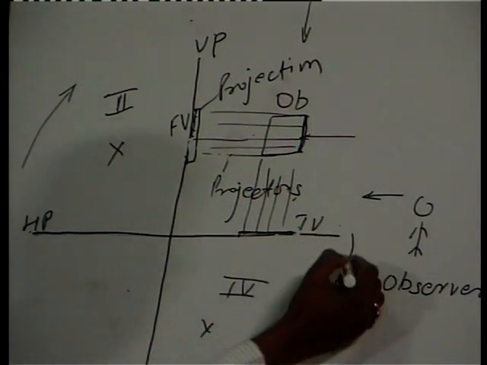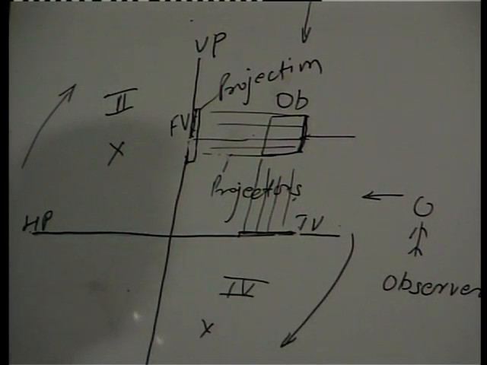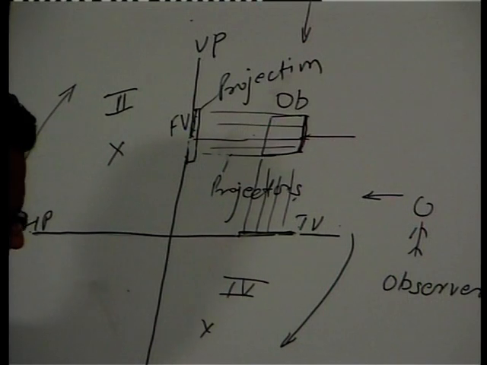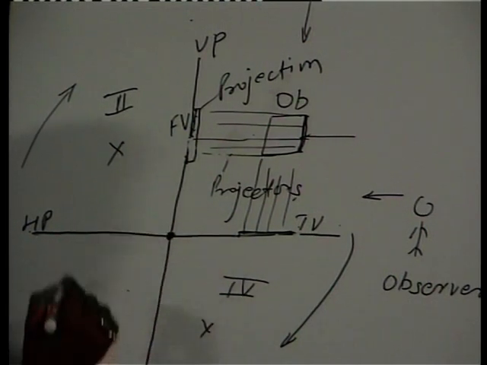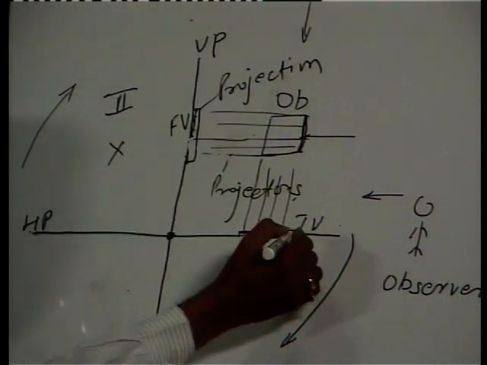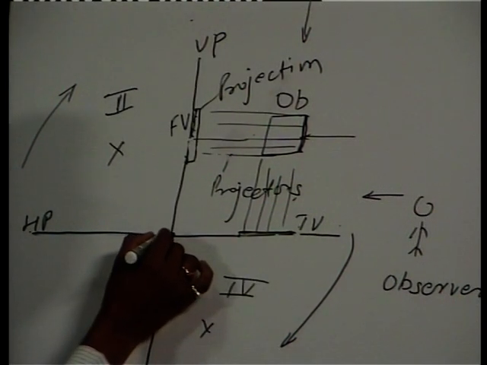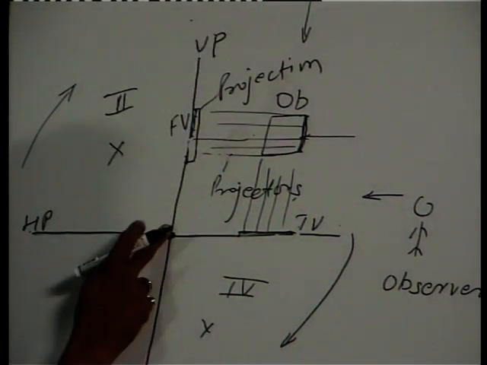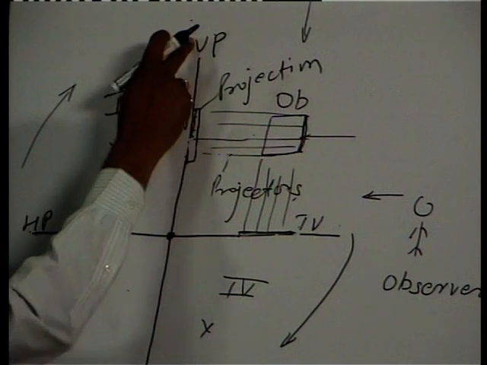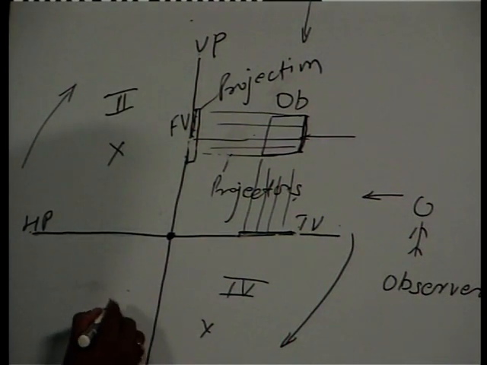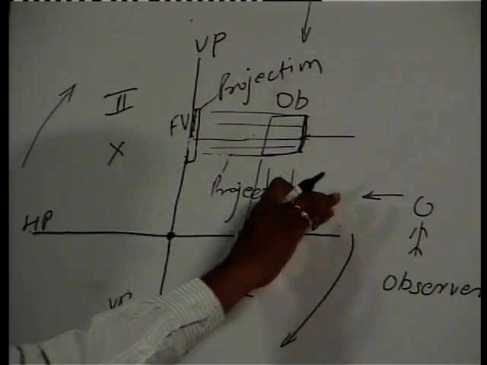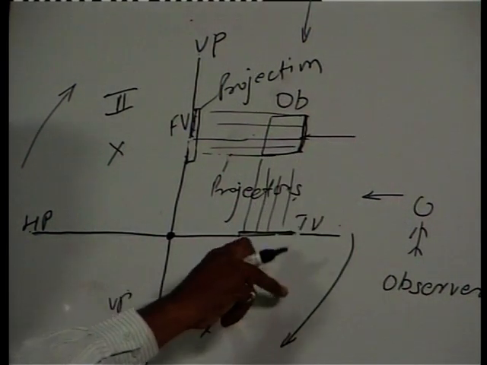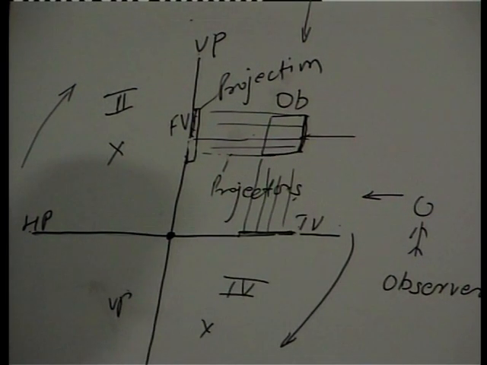Now when you rotate the horizontal plane clockwise through 90 degrees, just observe what happens. This is the joining line, or reference line, which joins the two planes; we call it the XY line. Above the XY line there is the vertical plane, and below the XY line, when you turn the horizontal plane through 90 degrees, you get the horizontal plane.